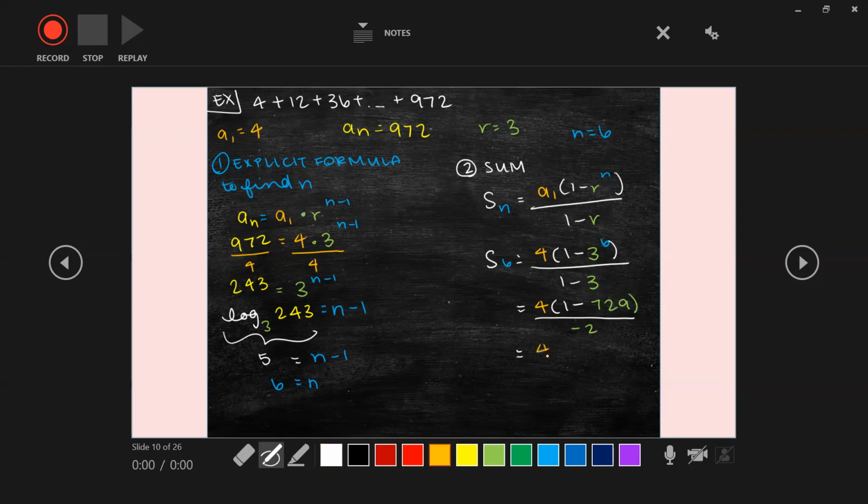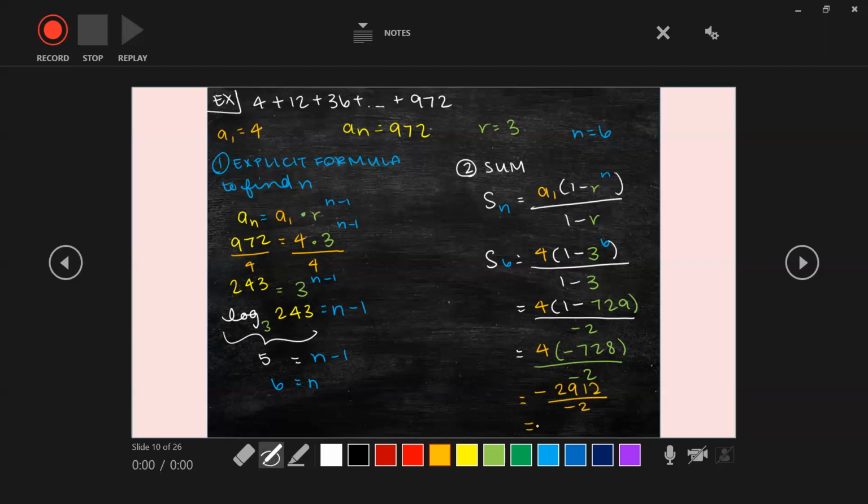So I'm going to have 4 times negative 728, over negative 2. That's negative 2912. 2912 over negative 2.